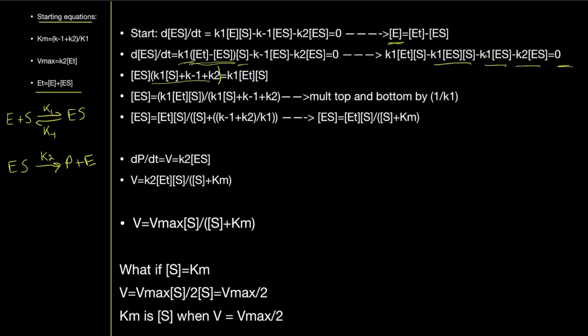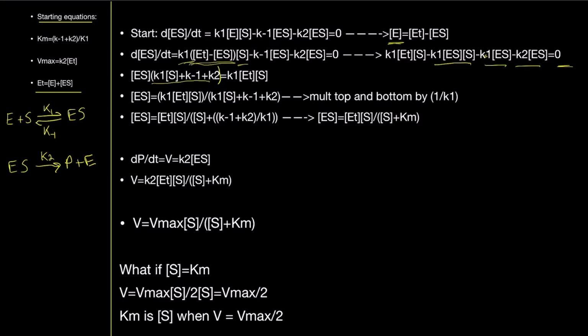Now we're going to multiply the top and bottom by 1 over K1. So now the enzyme substrate complex concentration is equal to the total enzyme concentration times substrate concentration divided by substrate concentration plus K negative 1 plus K2 divided by K1.